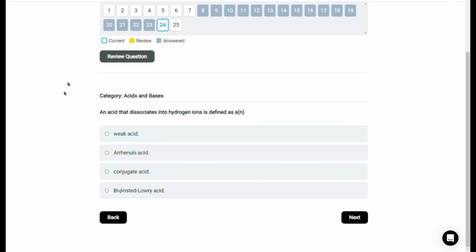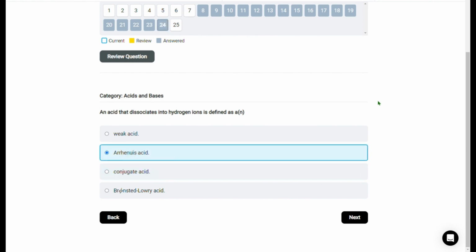Next up, an acid that dissociates into hydrogen ions is defined as a... The answer to this would be Arrhenius acid. This one, you really just have to understand some of the basic definitions that have been through time, and those would be things such as the Bronsted-Lowry or an Arrhenius. We can rule out weak acid. Weak acid is just a way to define how strong an acid is relatively on the pH scale. Additionally, conjugate acid would be ruled out as well.